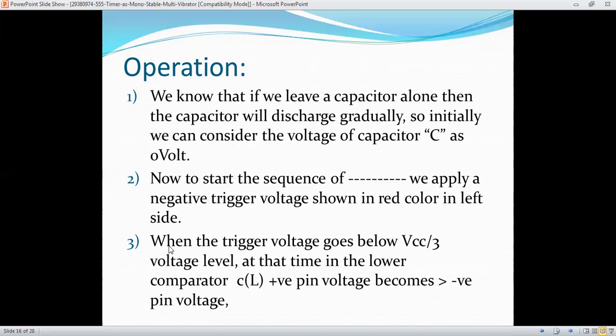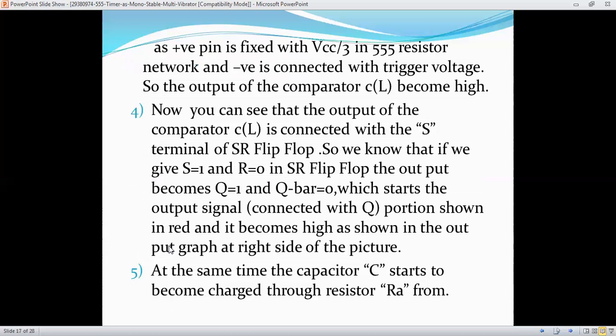When the trigger voltage goes below the 1 by 3 VCC level, in the lower comparator the positive pin voltage becomes greater than the negative pin voltage. The positive pin is fixed at 1 by 3 VCC from the 555 resistor network, and the negative pin is connected with the trigger voltage, so the output of the comparator becomes high. Now you can see the output of the comparator is connected to the S terminal of the SR flip-flop.